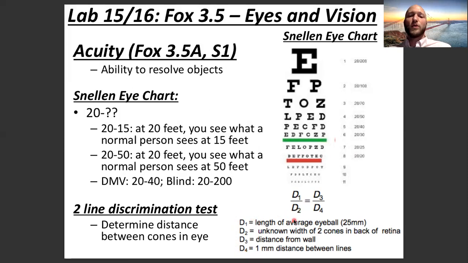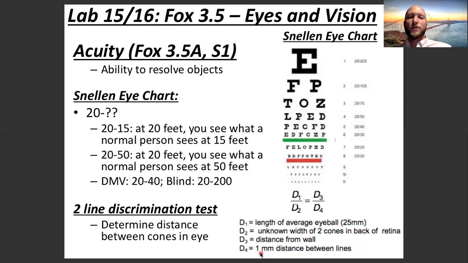So distance 1 is the length of the average eyeball, 25 millimeters. Distance 2 is the unknown width of 2 cones in the back of the retina, so X for D2. Distance 3 is the distance to the wall, how far away you can go before the point where the lines become blurry.